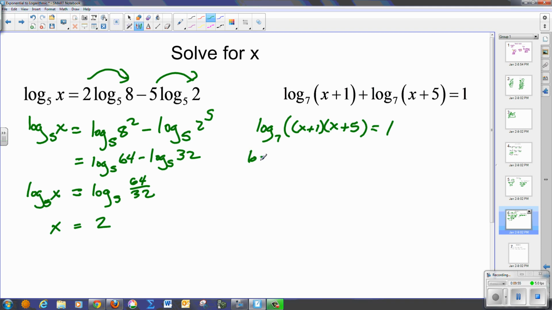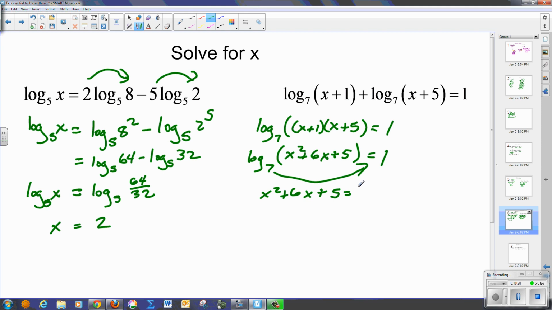The log base 7, I get to multiply these together now, of x squared plus 6x plus 5 is equal to 1. Now the only way to solve this is to get it in exponential form. So I'm going to slide the base once again, to get x squared plus 6x plus 5 equals 7 to the first, which is 7.